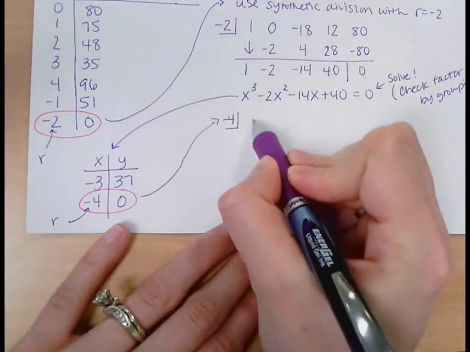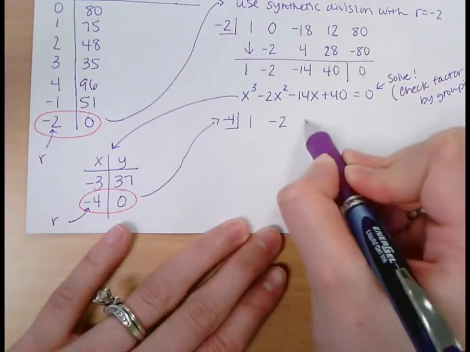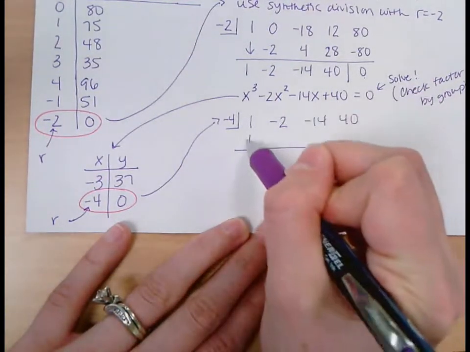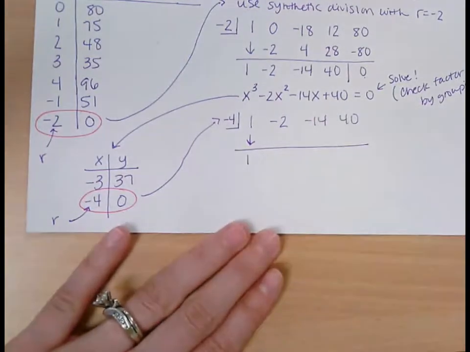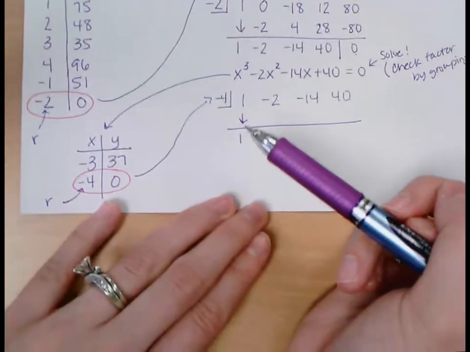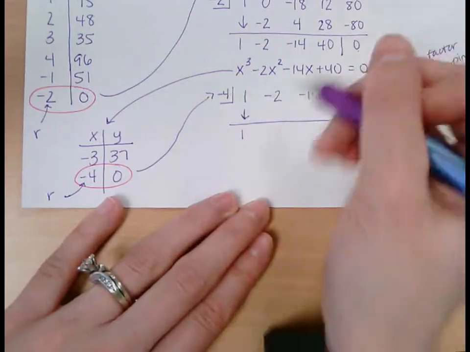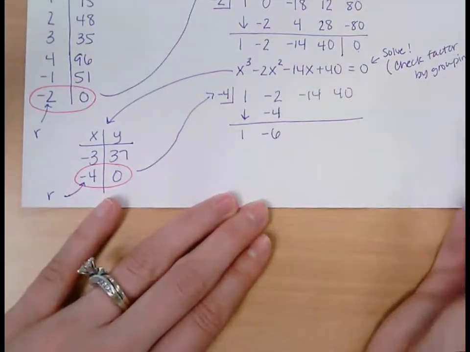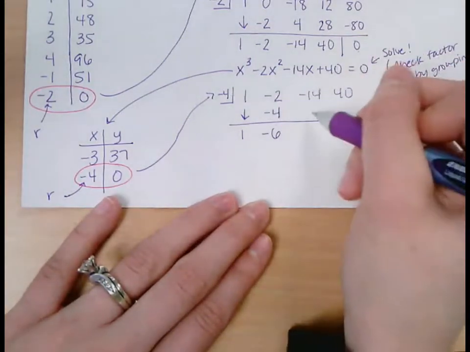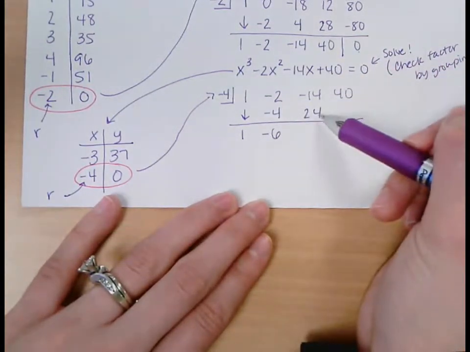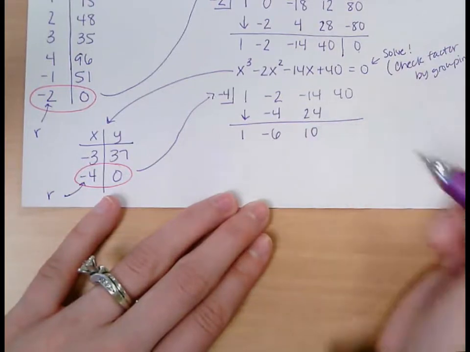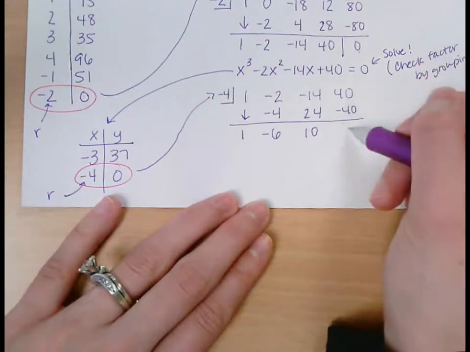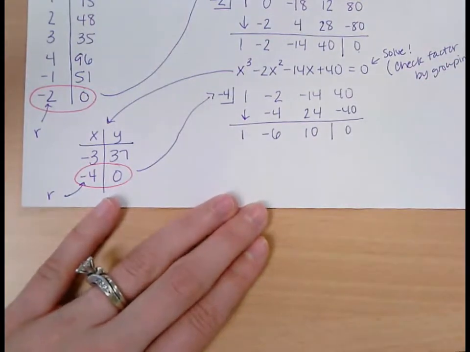So now my r value is -4. My coefficients are 1, -2, -14, and 40. Bring down the 1, do the synthetic division. So 1 times -4 is -4, plus -2 is -6. -6 times -4 is 24, plus -14 is 10. 10 times -4 is -40, plus 40 is 0, and your remainder should be 0.